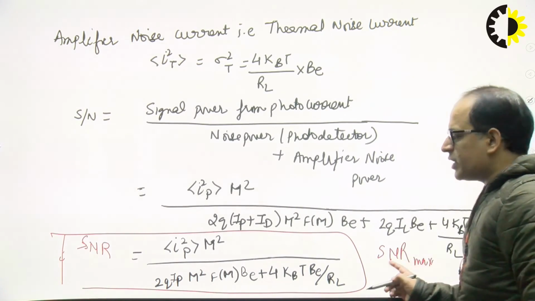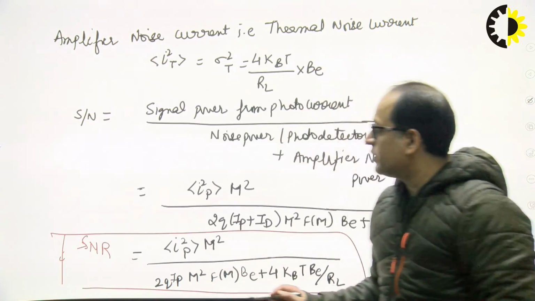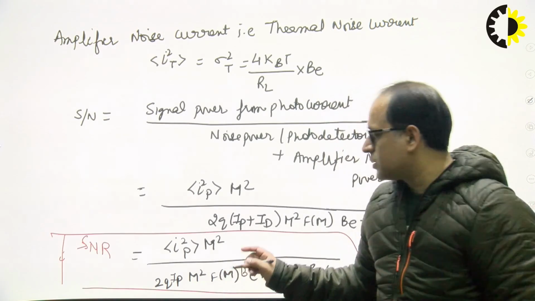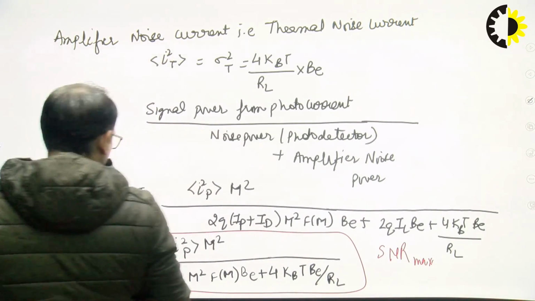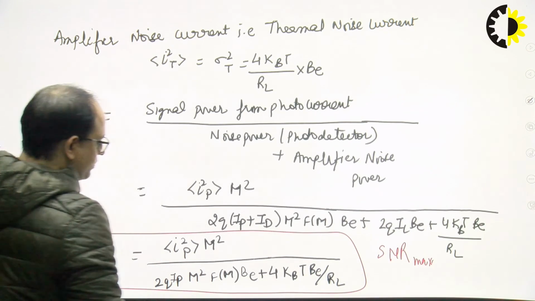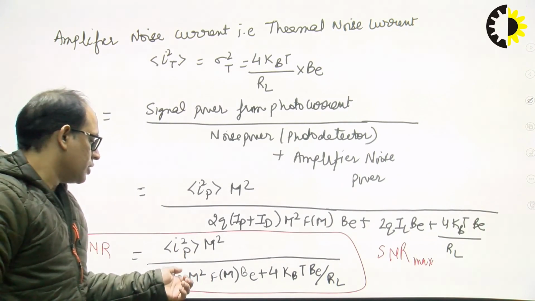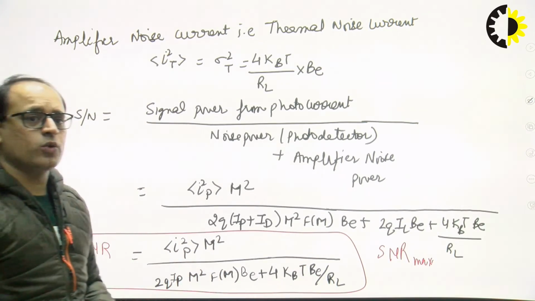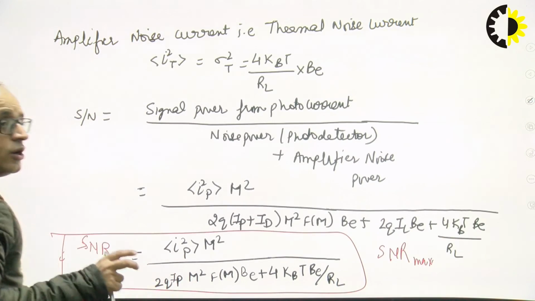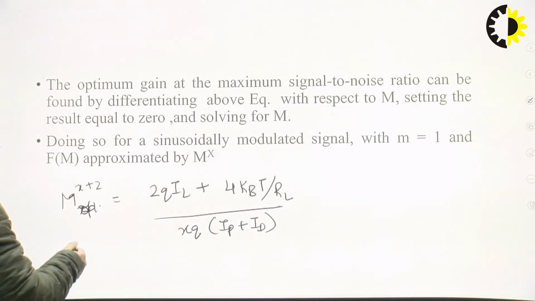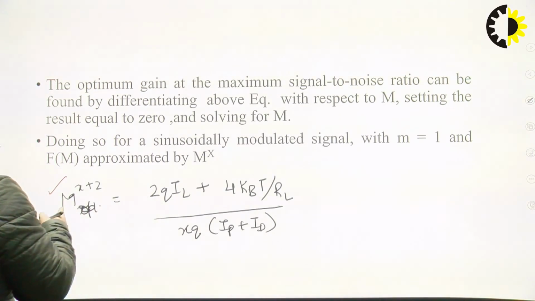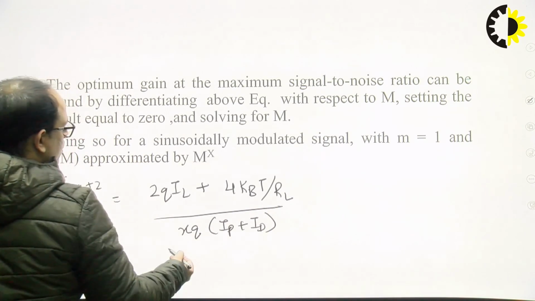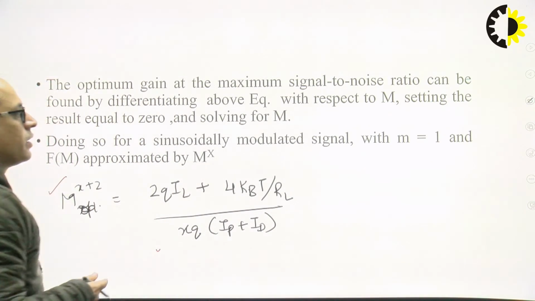When the M factor should be optimized, we use the maxima and minima theorem. To get the maximum value, we differentiate this equation with respect to M, and the optimized value of M comes out to be (2 q I_L + 4 k_B T / R_L) divided by (x q (I_p + I_d)).